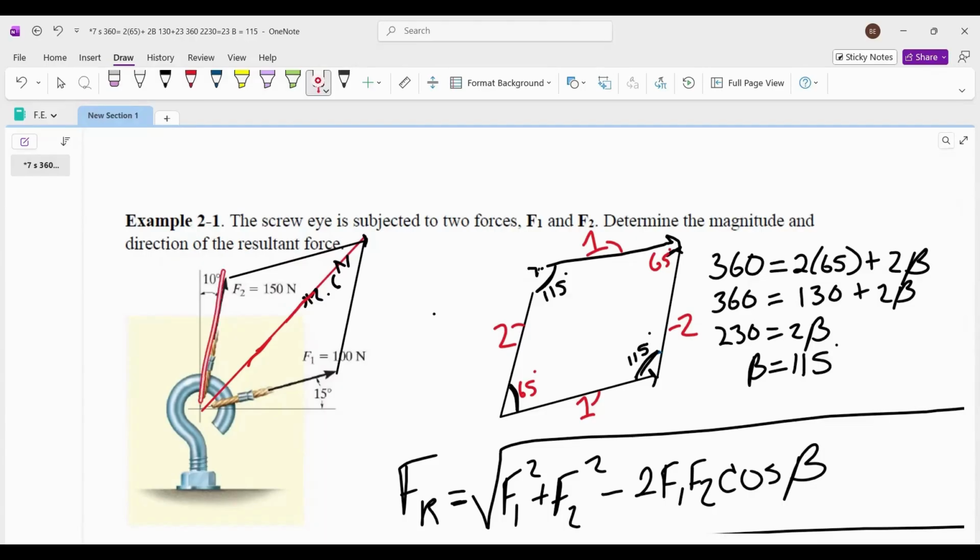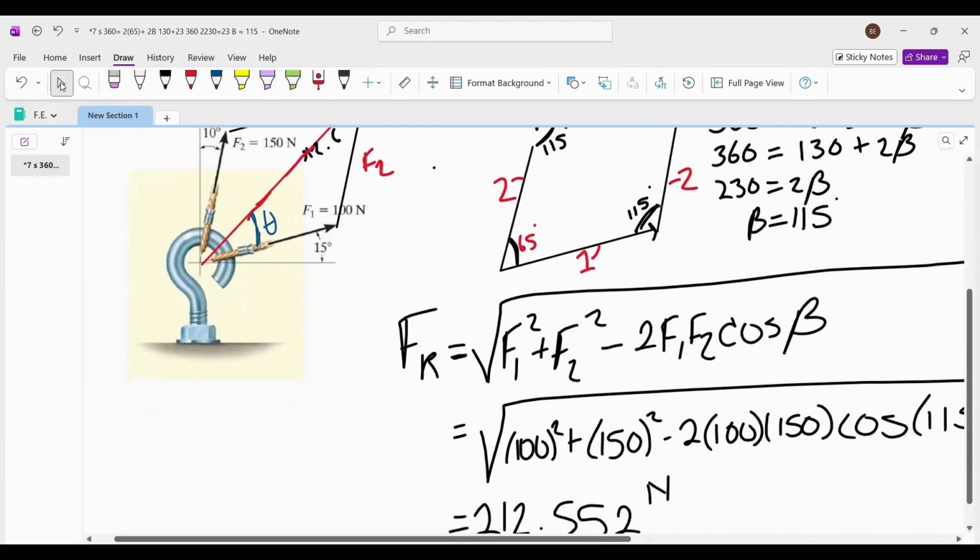So F2 is this one and this one. We're going to label it F2 so we know this is F2, and then the other one is F1. Okay, so we're going to name this angle that we're trying to solve for theta.